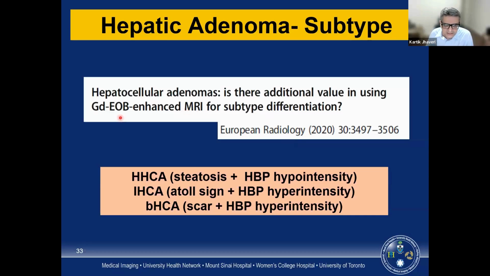And it is well known that it's only the fat-containing subtype that is hypointense on the hepatobiliary phase, whereas the inflammatory and the beta-catenin subtypes can have a mixed degree of hyperintensity and hypointensity on the hepatobiliary phase. So that's something to be aware of and keep in mind when trying to distinguish these lesions.